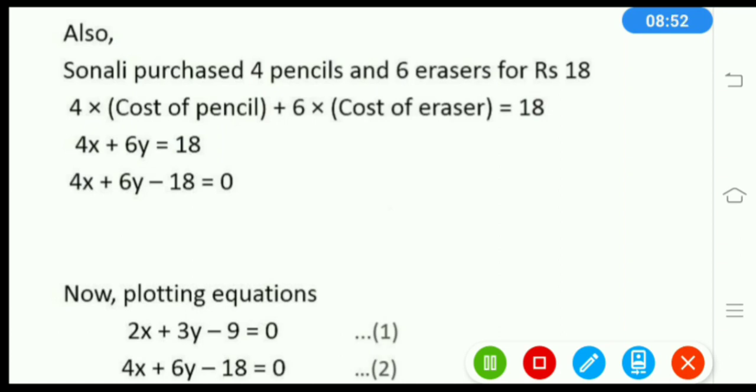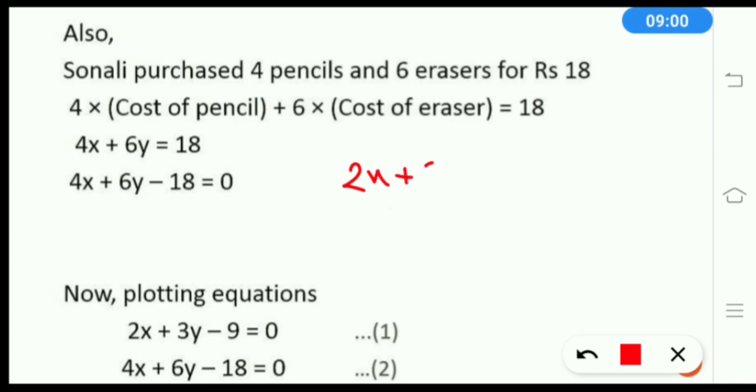Listen students, why are both the linear equations the same? Here the first one is 2x plus 3y minus 9 equal to 0, and the second one is 4x plus 6y minus 18 equal to 0.